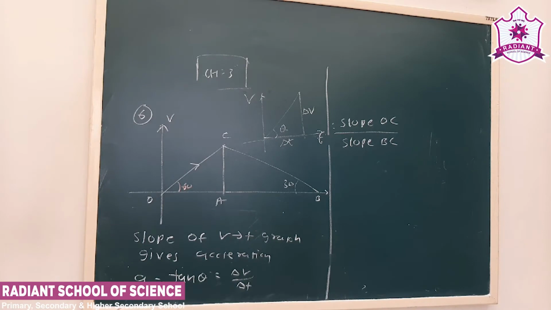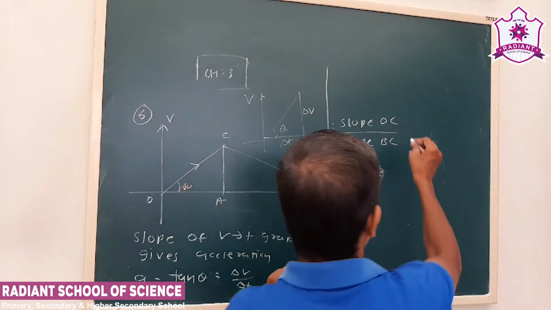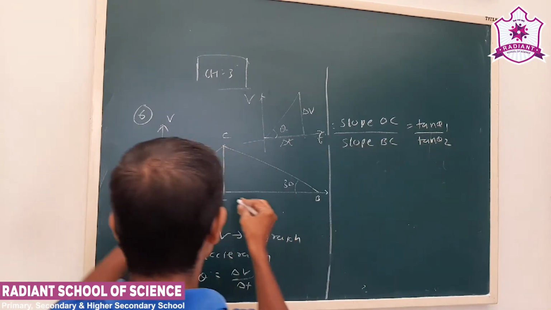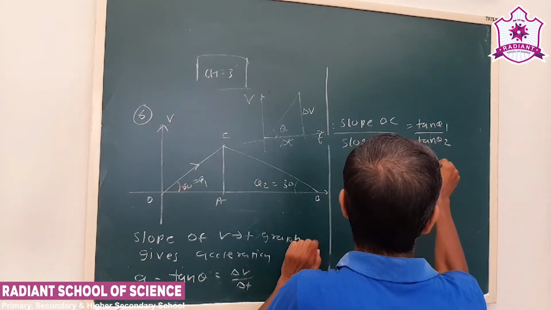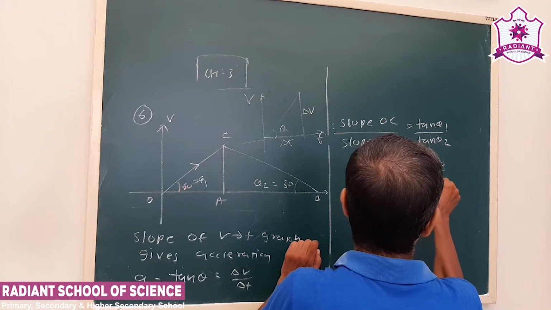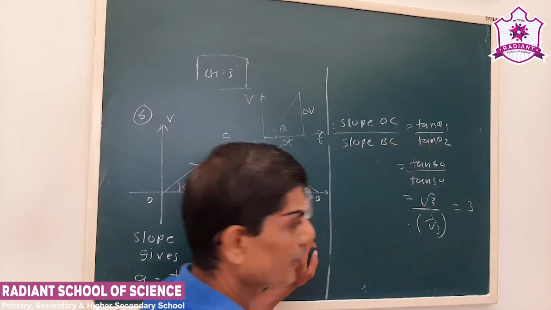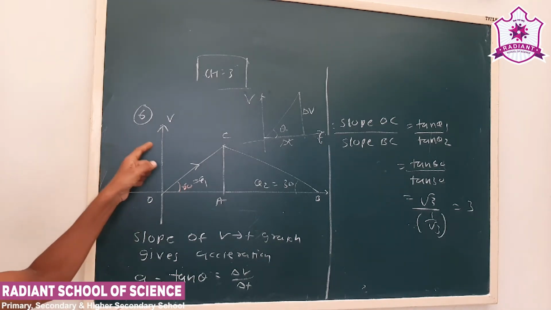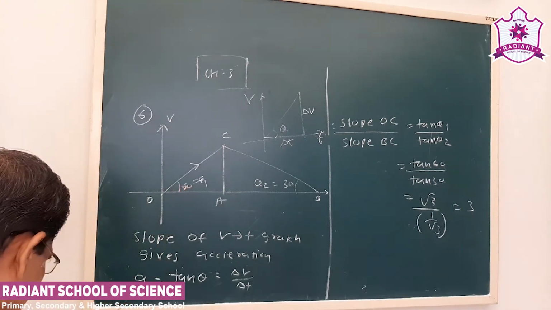So here the slope for the OC and OB lines will be tan theta 1. Let us say this is theta 1 and this is theta 2, that is tan 60, and tan 30 is 1 upon root 3. So the property we are going to use here is that the slope of the velocity time graph gives the value of the acceleration. Now we take another MCQ.